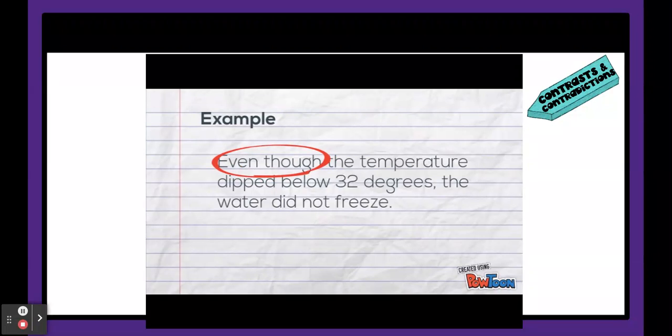When I see this, I'm wondering why the water didn't freeze if it's 32 degrees. I would expect water to freeze at 32 degrees. So why does that matter? Well, perhaps there's something in the water that's keeping it from freezing. We probably need to keep reading to find out.